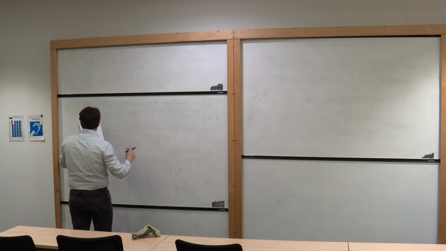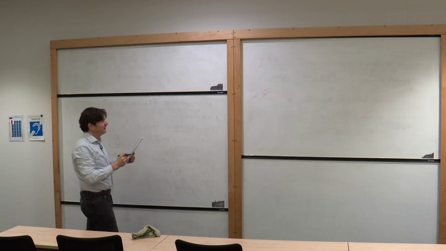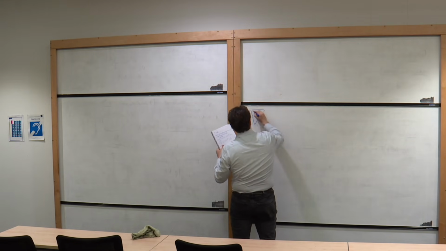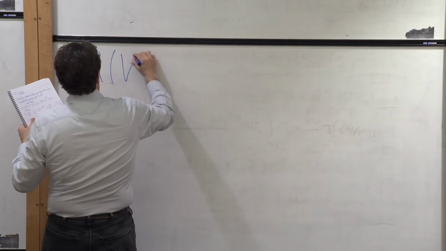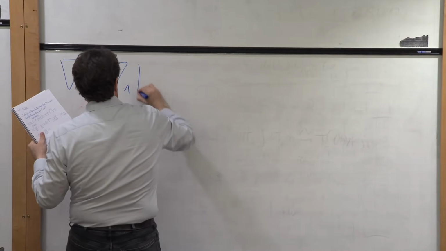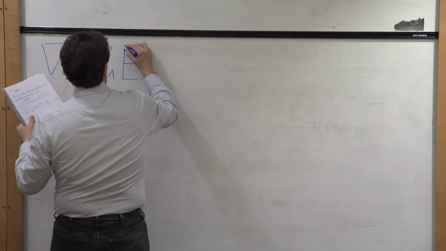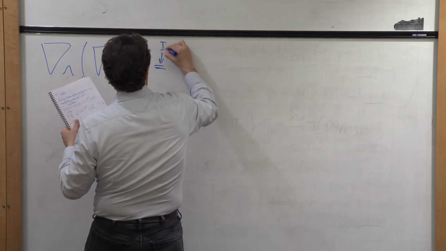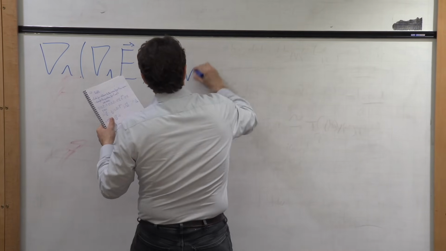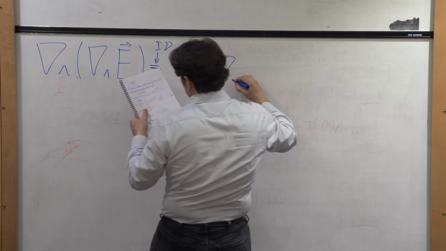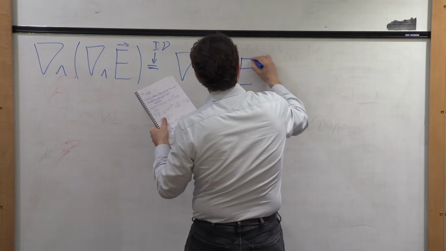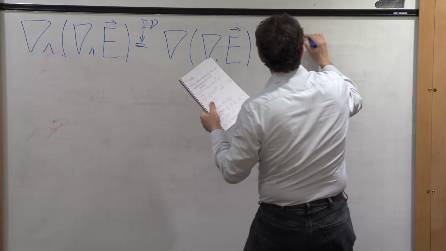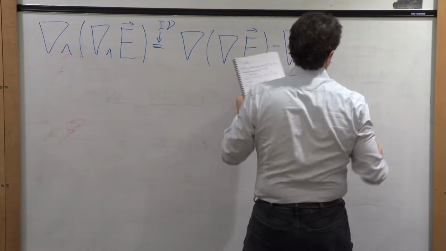I'm sorry that there are many vector identities in this business, but if you do the curl of the curl of a vector E, any vector, this is a vector identity, we can write this as the gradient of the divergence minus the Laplacian acting on this.